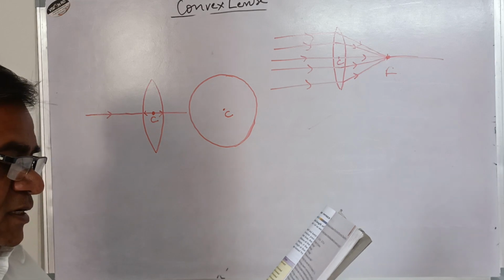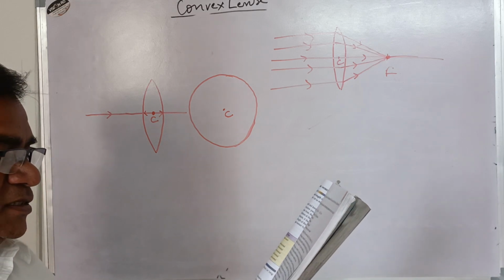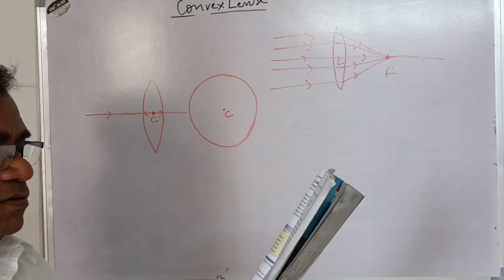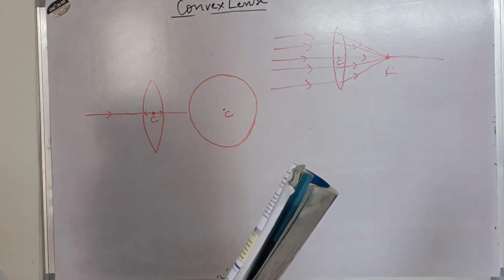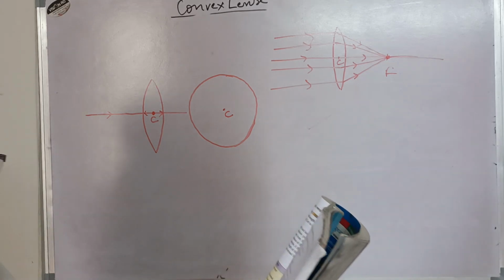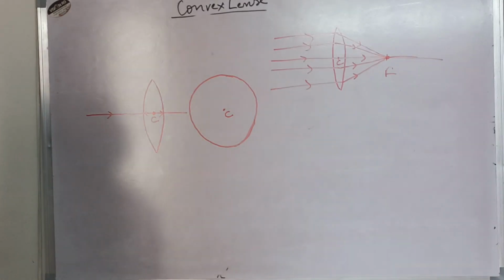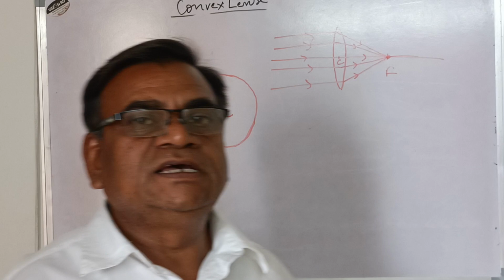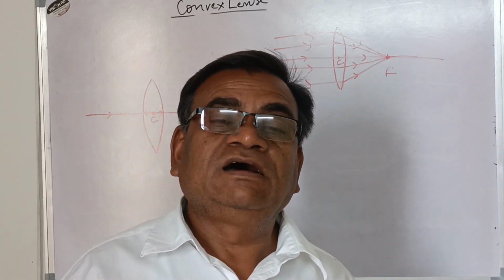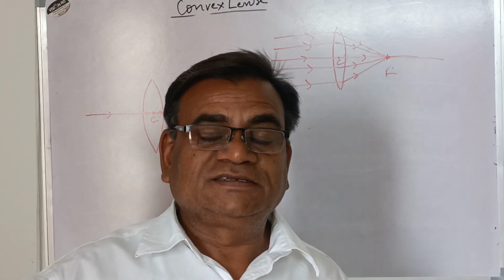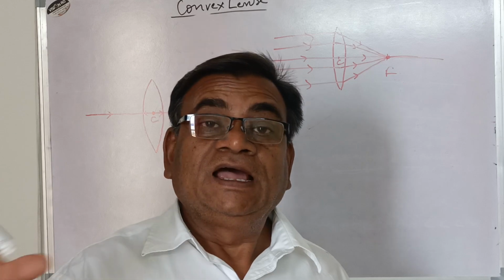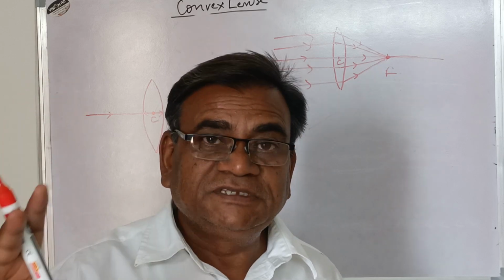A 1 centimeter high object is placed at a distance 2f from a convex lens. What is the height of the image? Now you have seen the case when the object is at 2f. The image is at 2f dash on the other side of the convex lens, and it is real, inverted and the same size.